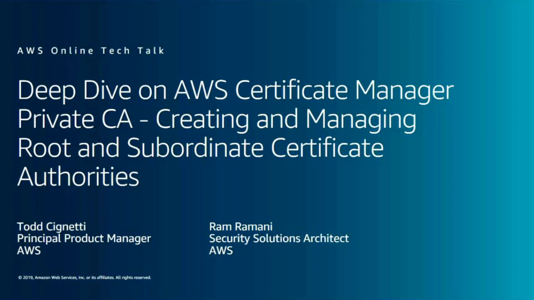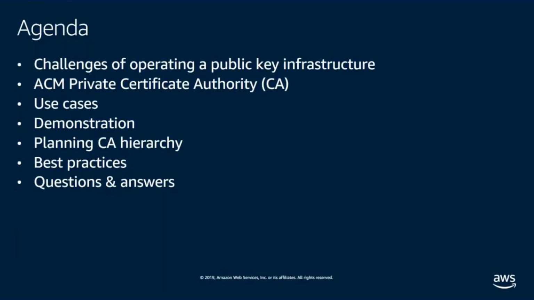Today, we're going to talk about AWS Certificate Manager, Private CA, and the subject is creating and managing root and subordinate certificate authorities. We'll talk about some of the challenges of operating a PKI, and then we'll talk about ACM Private CA and the root CA hierarchies features that allow you to operate an entire public key infrastructure.